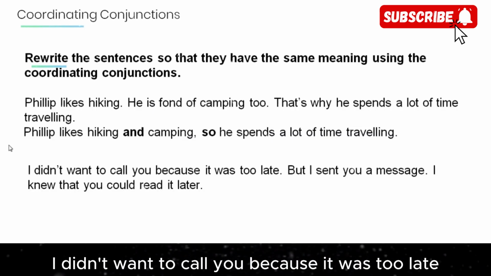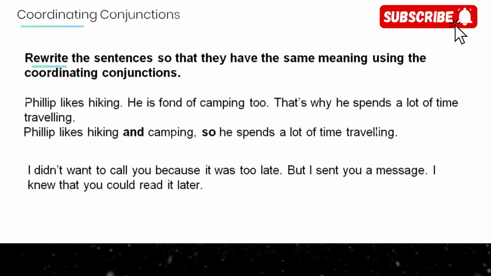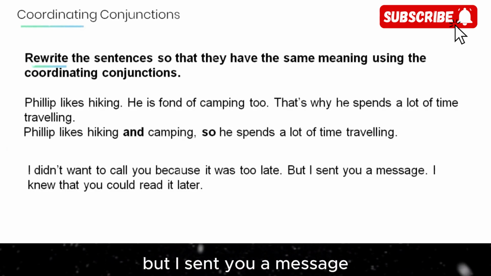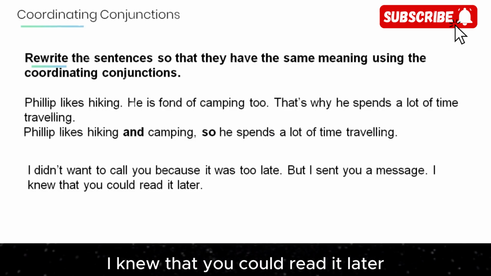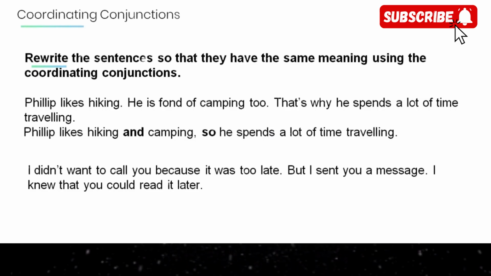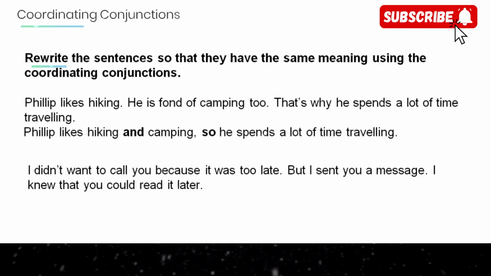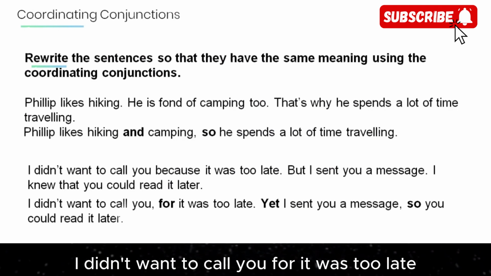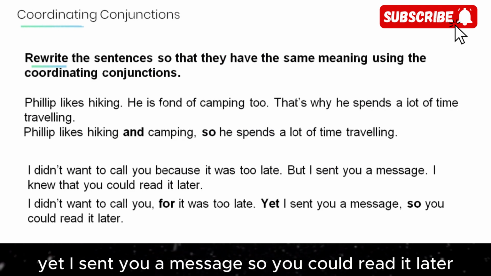I didn't want to call you because it was too late, but I sent you a message. I knew that you could read it later. I didn't want to call you for it was too late, yet I sent you a message so you could read it later.